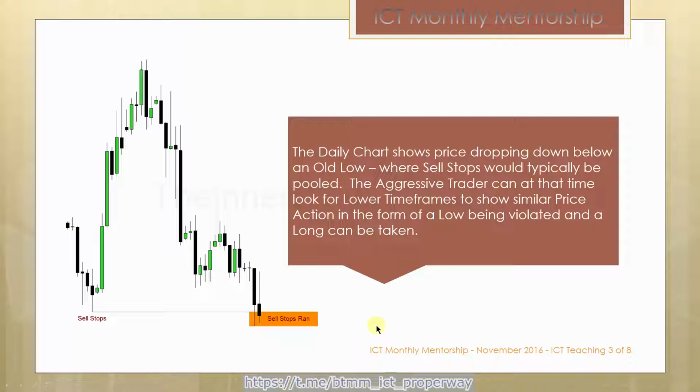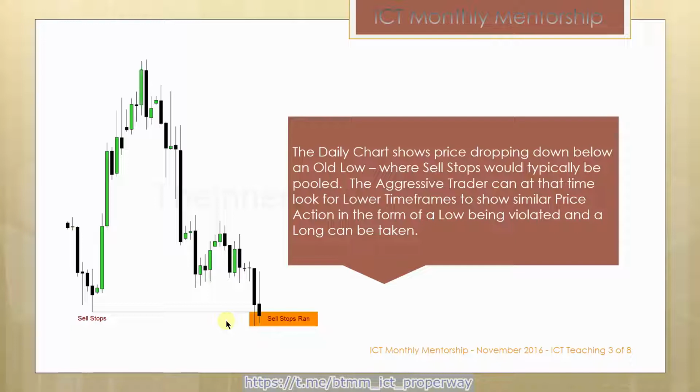an aggressive trader can see this as an opportunity to go into a lower time frame as that low is violated here, right on this candle. You can go into a lower time frame and look for a similar pattern, because price is fractal. That means everything you see on one time frame is replicable on the higher time frame and the lower time frame. So in other words, it's going to have a lot of similarity throughout all the time frames, because price is still, what?